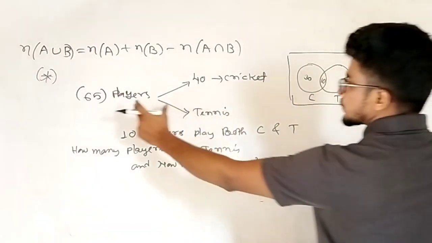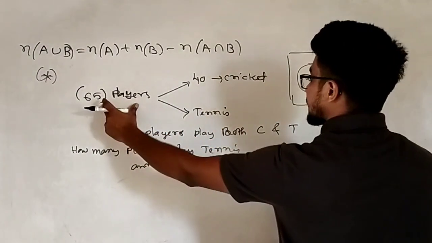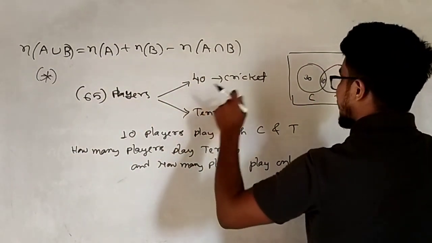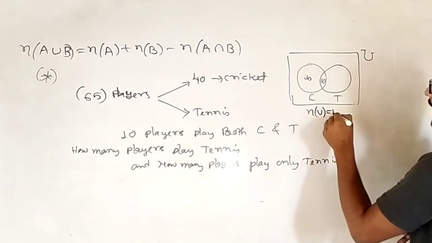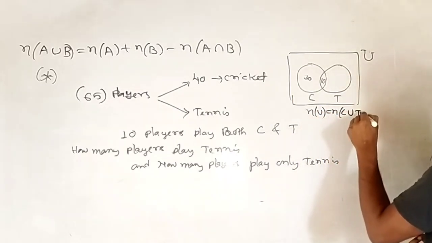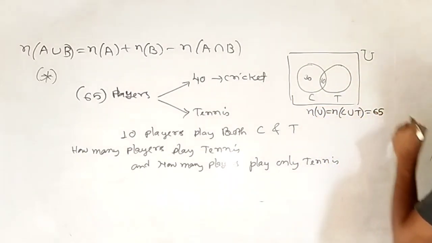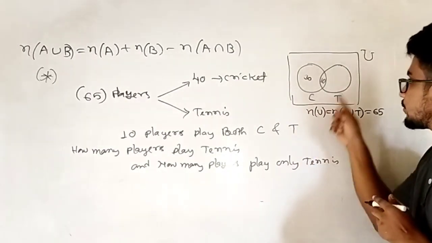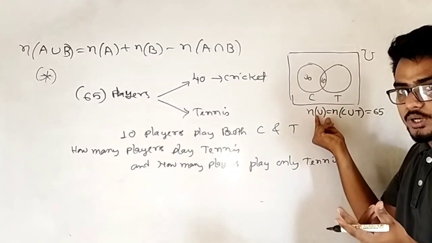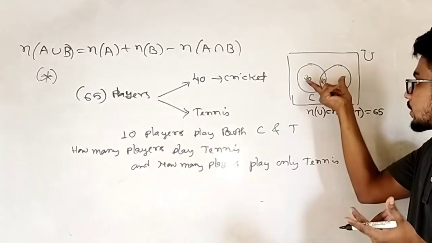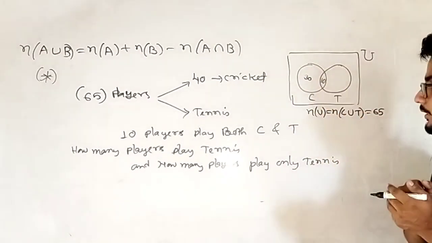And all the 65 players play at least one of the games. That means total n(U) equals n(C union T) equals 65. So C union T, we will write 65 now.